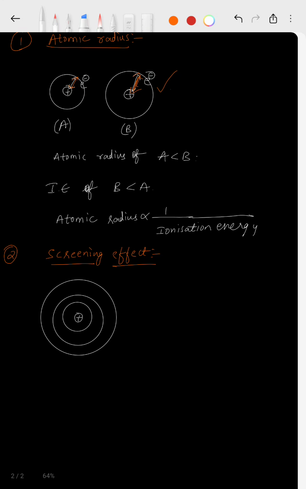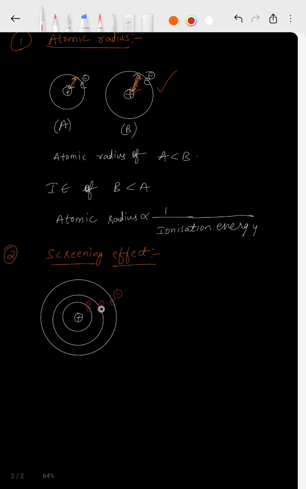This is the nucleus, we can represent it with a plus charge. So electrons will be there in this shell, in this shell and in this shell. Yes or no? Now you just tell me, is the attraction force between the outermost shell and nucleus more or less? It is less. Why? Because the distance is increasing here.